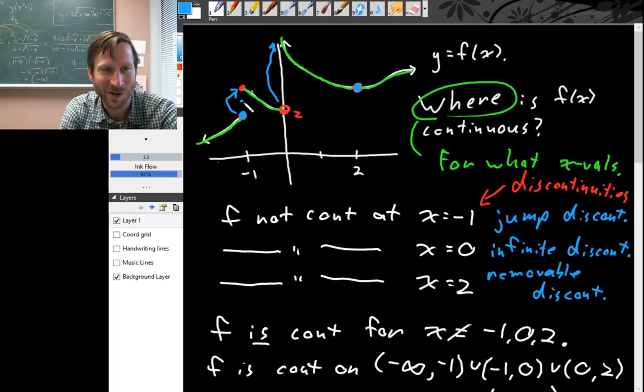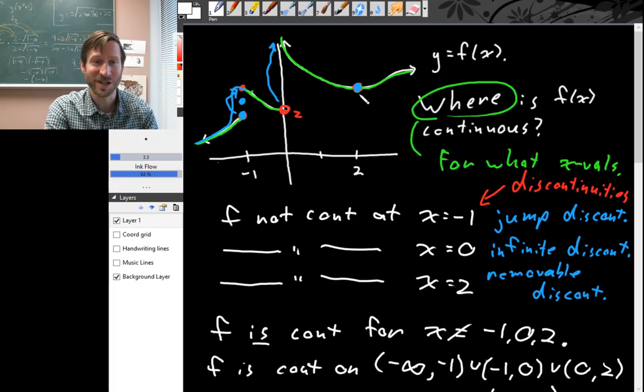If you try to put the value for the function at x equals -1 in the middle somewhere, like this, there's still a jump discontinuity there. To get rid of the discontinuity at -1, you would have to take the graph and change it not just at -1, but also nearby. You'd have to bend it all the way upwards like this, and that's pretty drastic surgery. But a removable discontinuity you could fix just by changing the value of the function at a single x value. X equals 2 in this case.